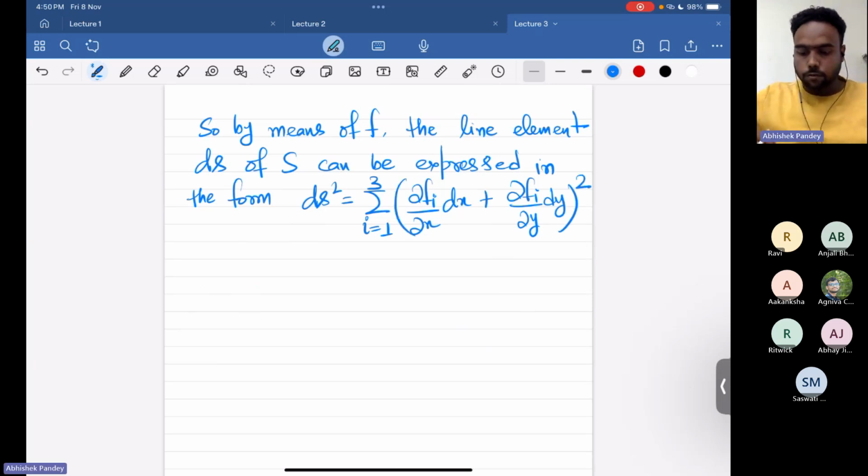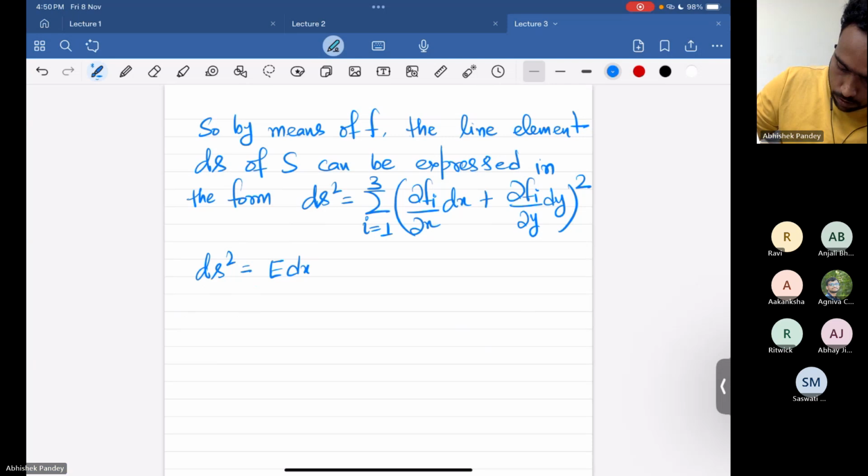So this is basically the form of the metric. ds square is equal to E dx square plus, this is a calculation, I will just write the conclusion. Let's call this equation 1.